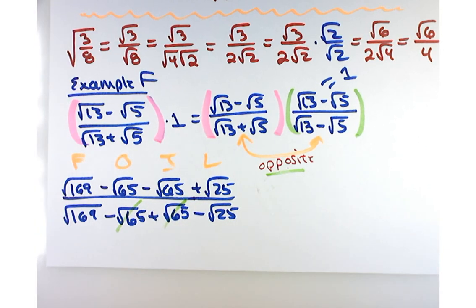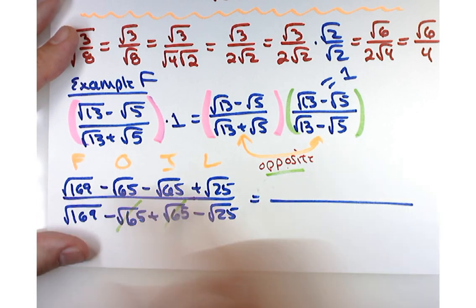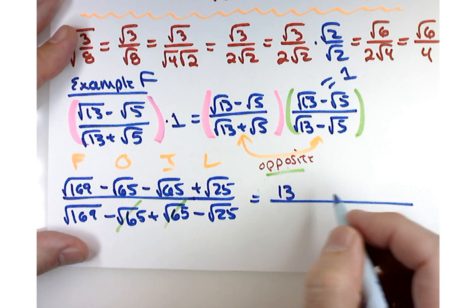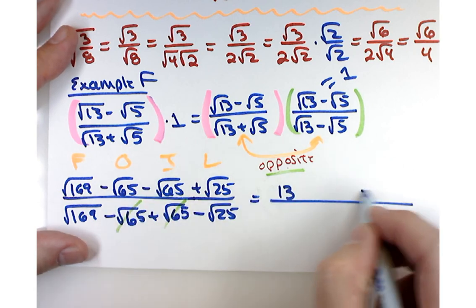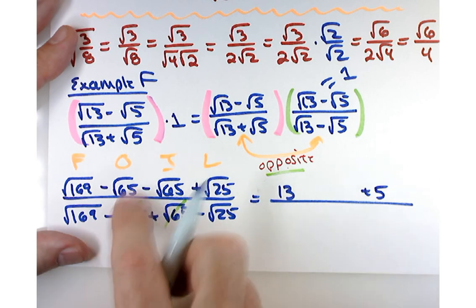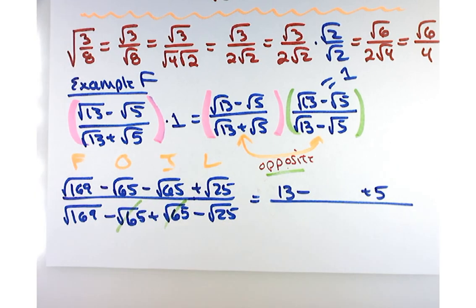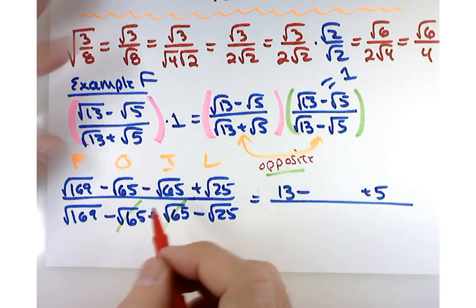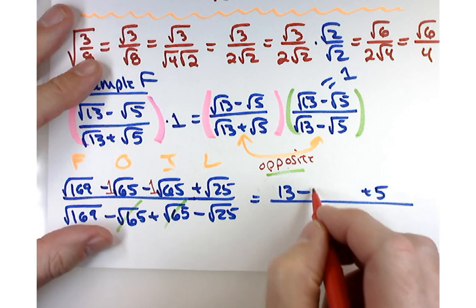We get a lot more simplification. Let's see what that is. Square root of 169 is 13. Square root of 25 is 5. Minus, how about that term in the middle? 2 square root 65.